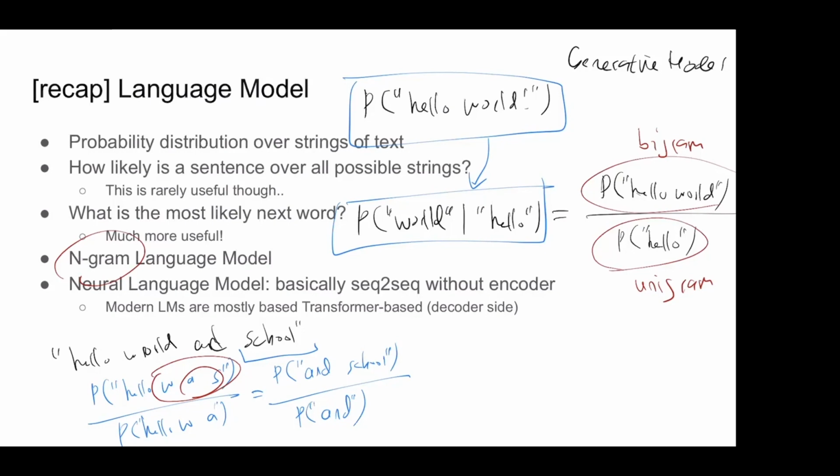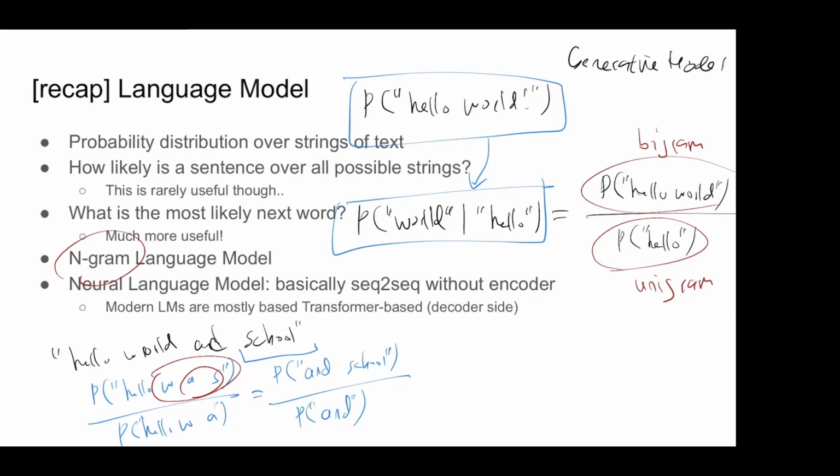And here comes the neural language model, which is able to do better than n-gram when we want to consider long distance dependency. And in fact, it's very straightforward given what we learned until now. Basically, a neural language model is a seq-to-seq model without the encoder side.